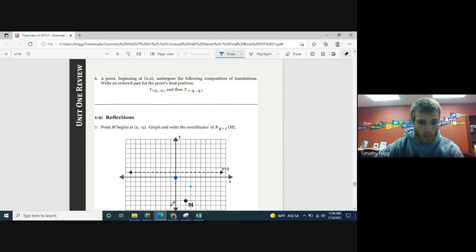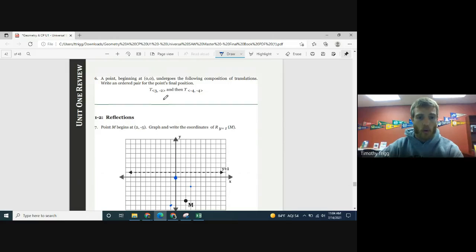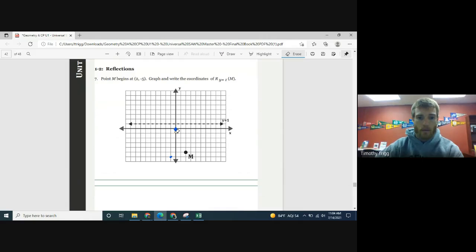Where do we finally end up here? Looks like -1, -6. So our point ends up at -1, -6. Okay, pretty easy. I'm going to erase what I put here so we have room for problem 7.